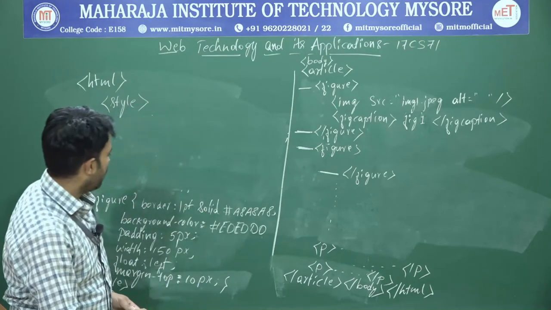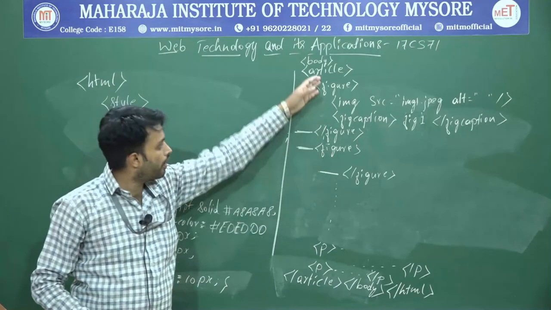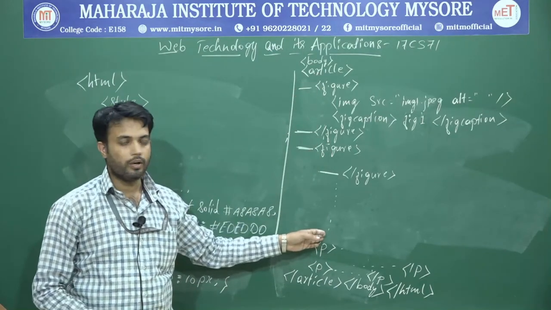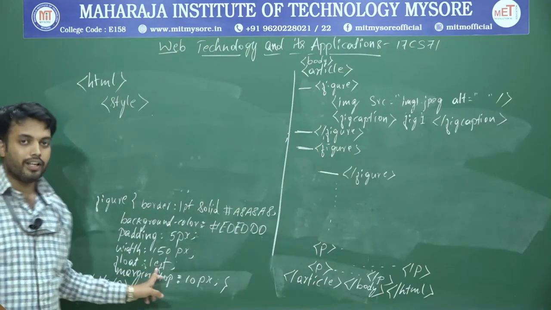Now this is the style for that figure. That means here we had 6 figures, and all 6 figures will be floated to the left side.